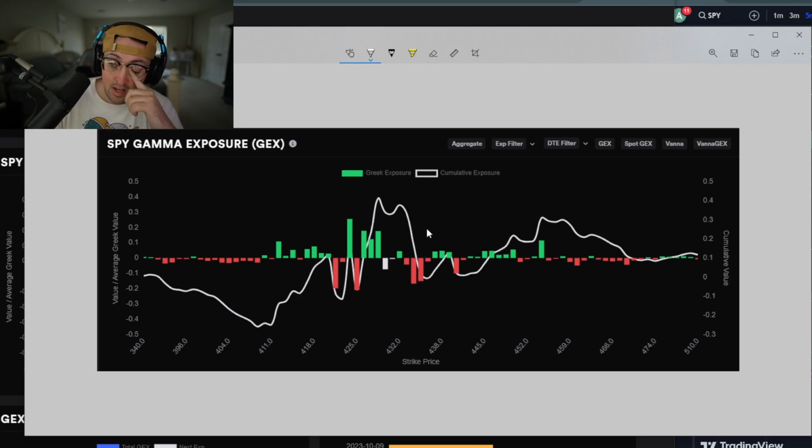To give you an example of a chart we're looking at here, this is for SPY. You can see we have a lot of green to the downside, which indicates support, but we also have some negative levels further out from where we're at right now. This is the 430, this little white bar. That just indicates that that's where price is right now. That was a negative level.